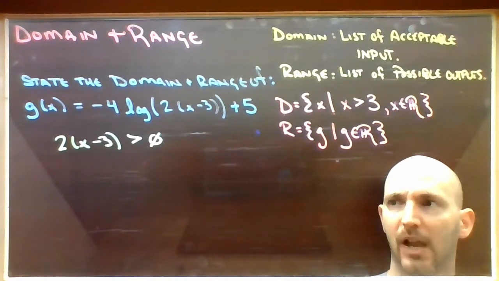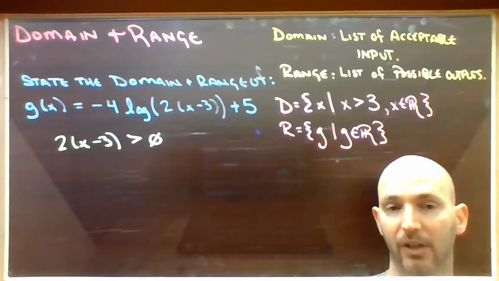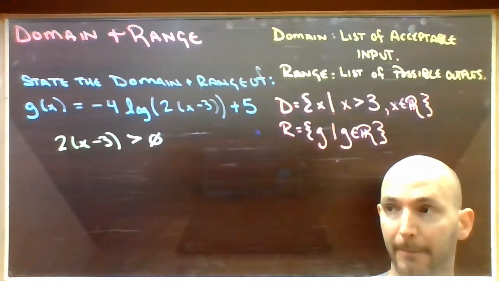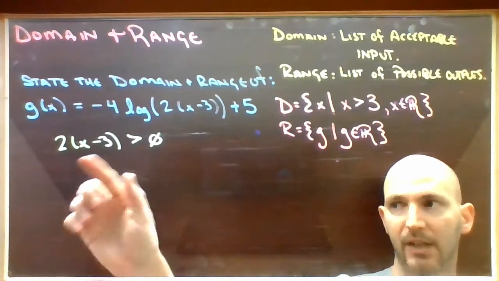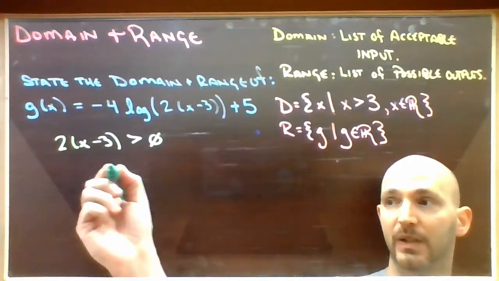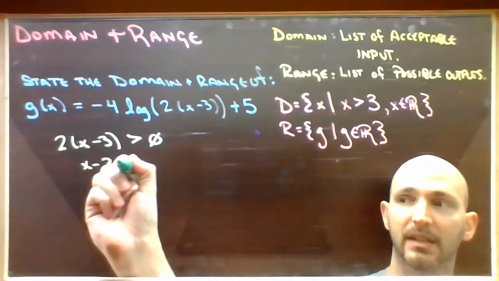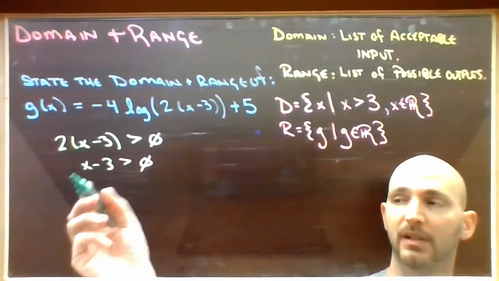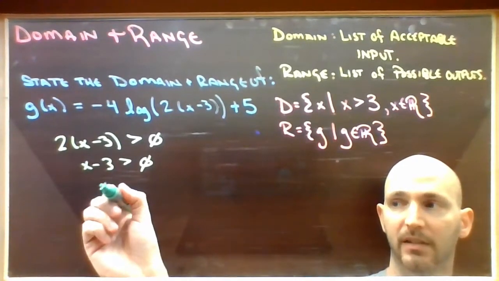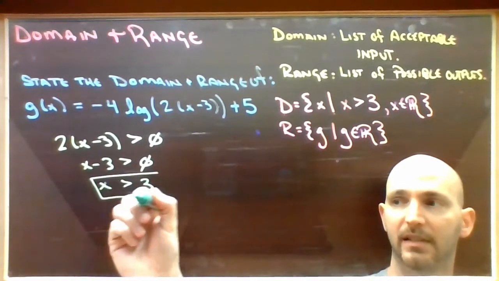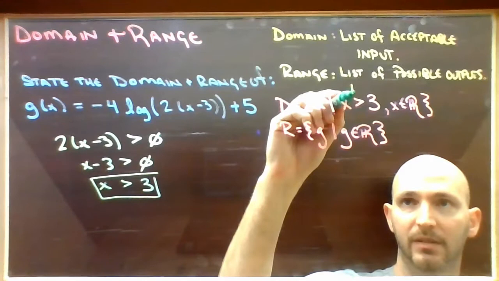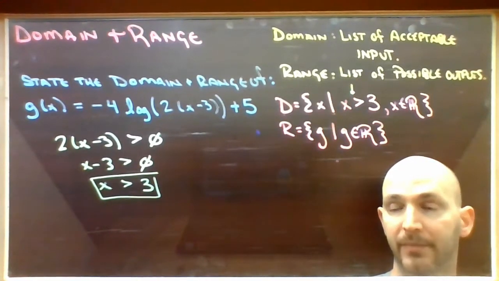If you try it in your calculator, log 0 is an error, and log of a negative is an error. So if I've got this little statement here, I could divide both sides by 2, and I would get x minus 3 has to be greater than 0. And I could pop the 3 over there, has to be plus 3. Well, there's that restriction that I put in there.